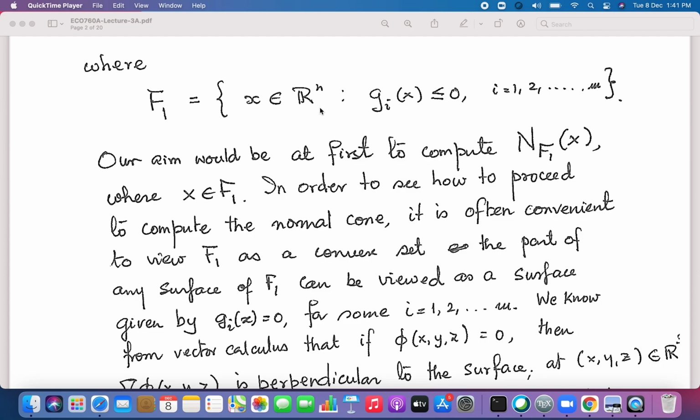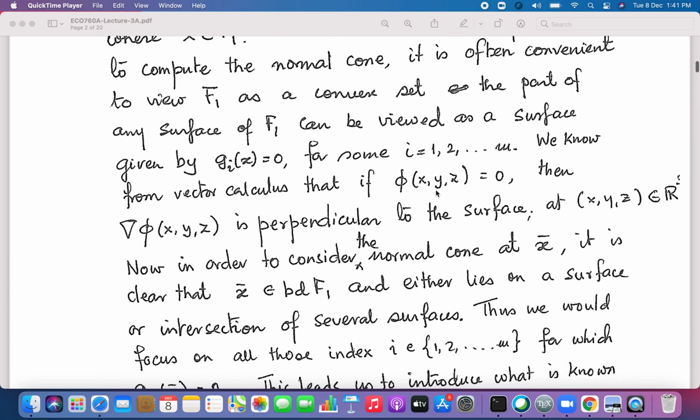So F1 is a body whose surface is made up of parts of the surfaces created by the functions g_i(x) equal to 0. If you know of any three-dimensional function phi(x,y,z) equal to 0, then the gradient of phi at a point (x,y,z) is perpendicular to the surface.